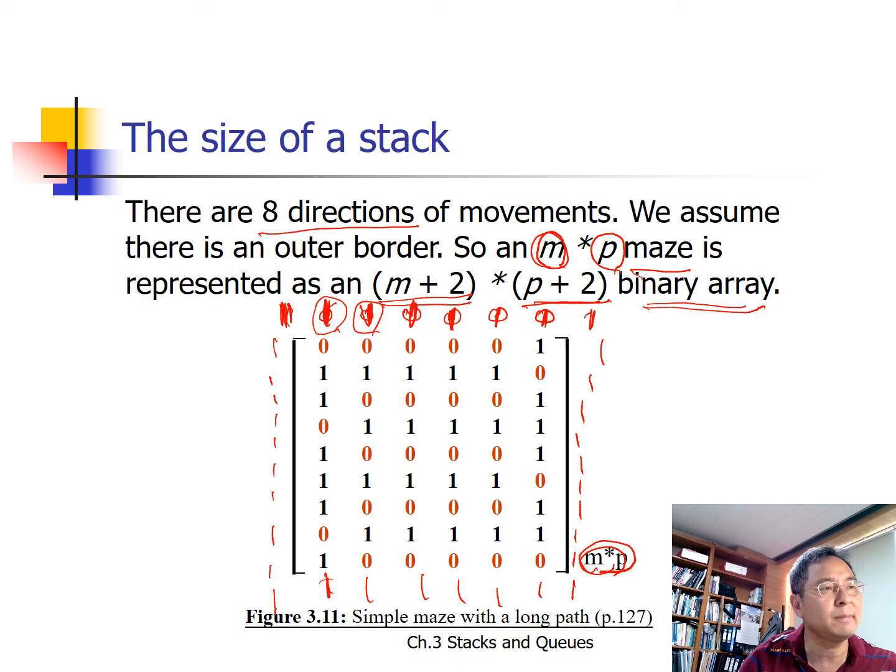We must prevent going outside of the maze. But if we assume that the boundary is filled with 1, then they cannot go outside because it is considered a wall. Okay, so the solution may become very simple.